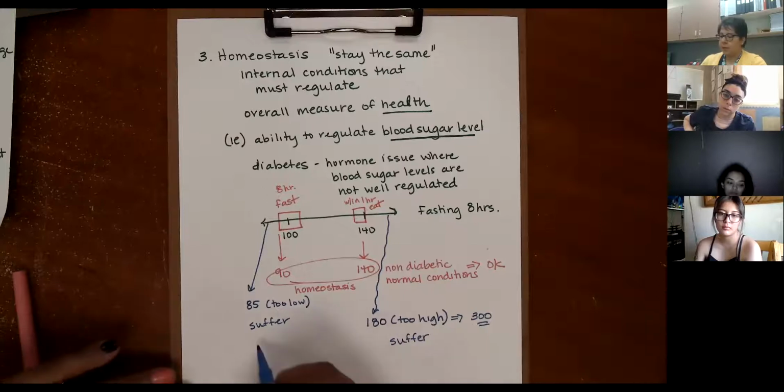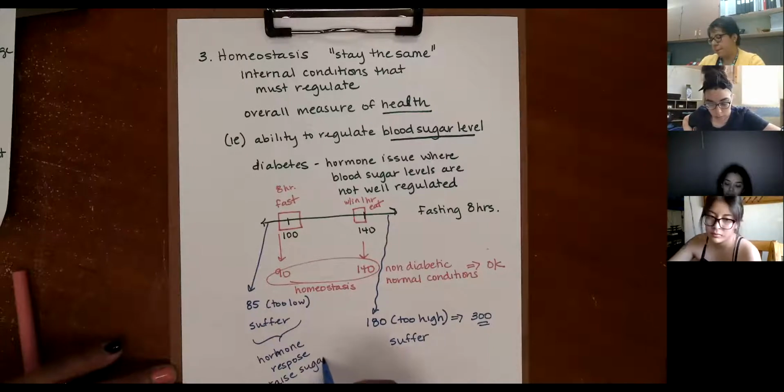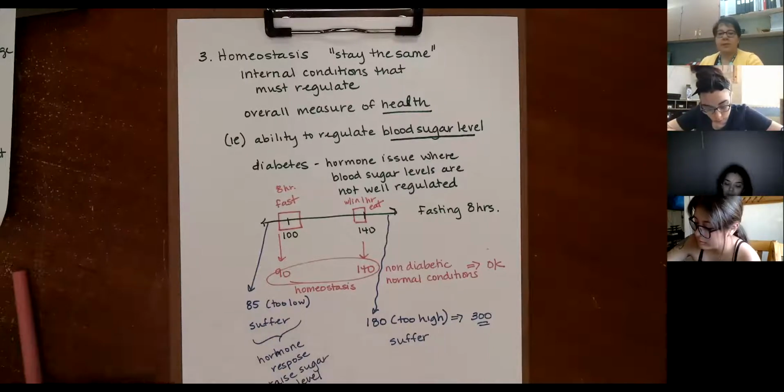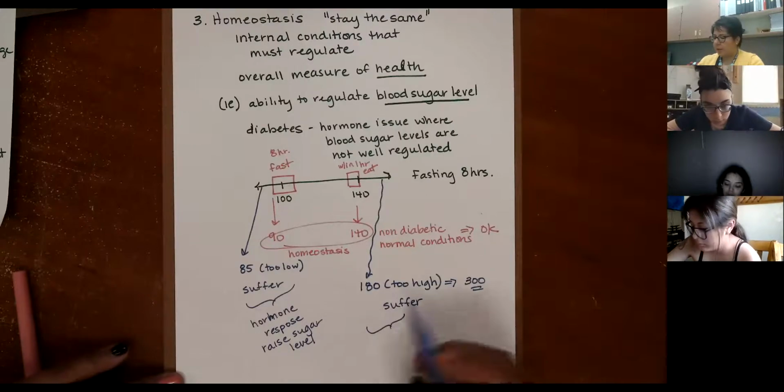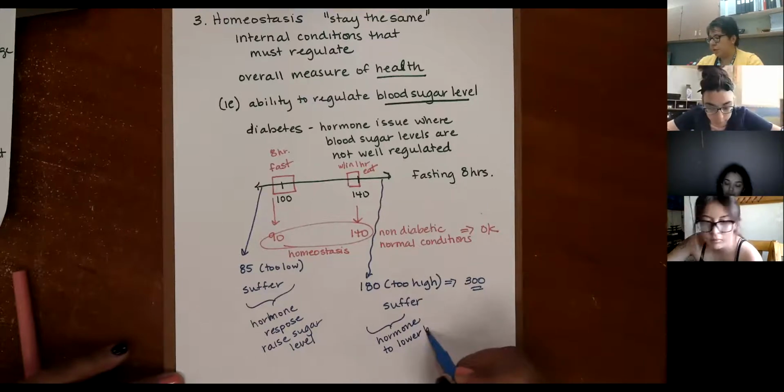It could also be that there's a hormone response to help you raise that sugar level. And consequently, when it gets too high, there's also a hormone response to lower your blood sugar levels.